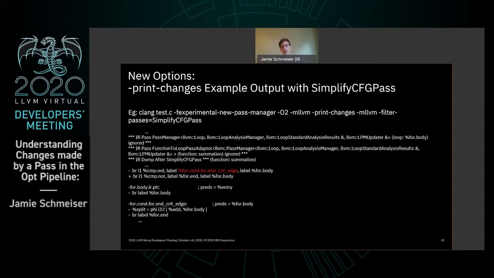The branch instruction is changed, and we see that the basic block for.cond.for.endCritEdge is no longer reached. I highlighted this in red to help you to see it in the output. Below that, we see that two complete basic blocks, including the mentioned one, are prefixed with minus, so we know that these basic blocks have been removed by the pass.